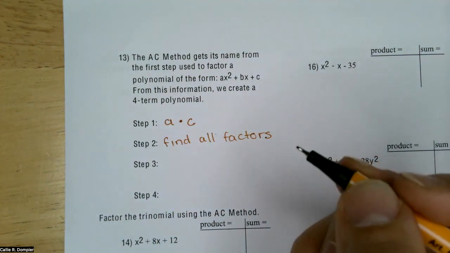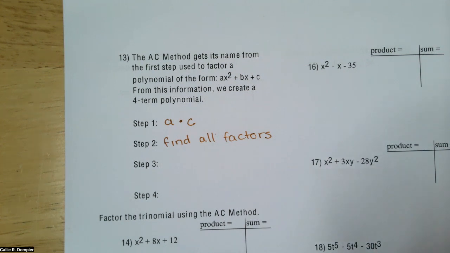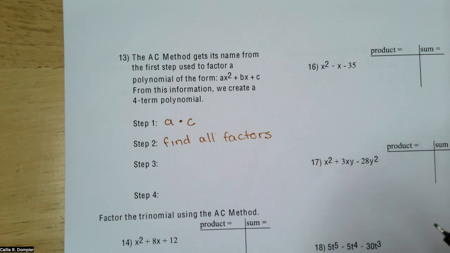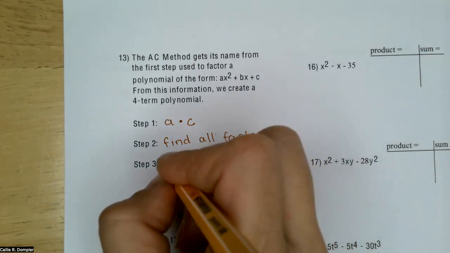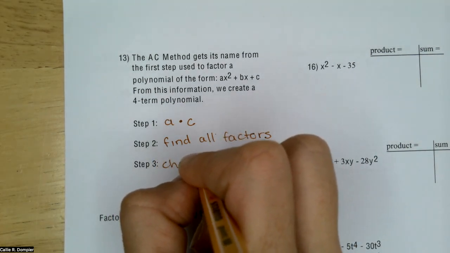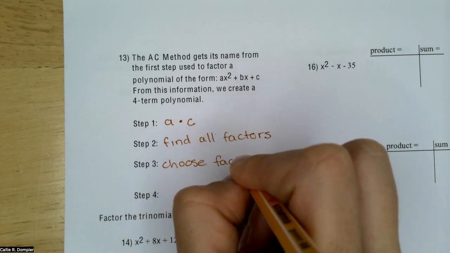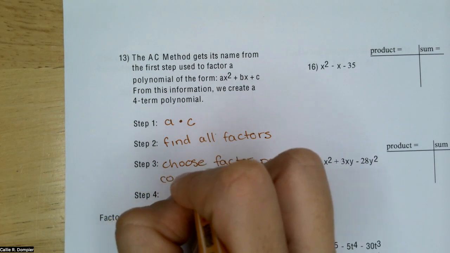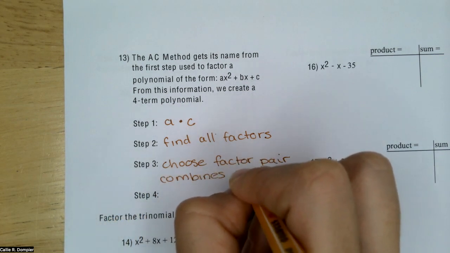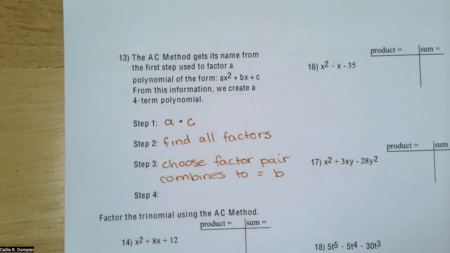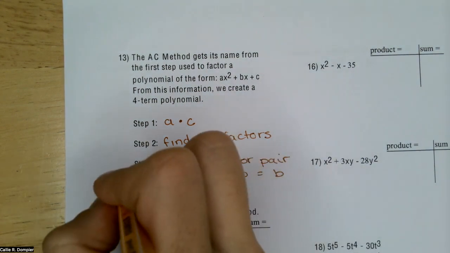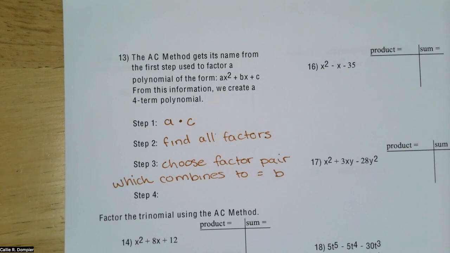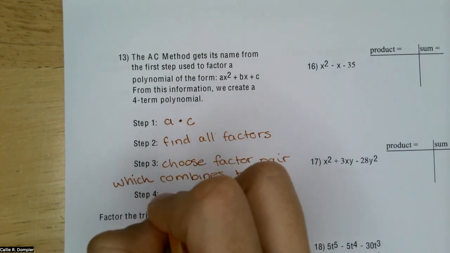If a times c is a positive number, add the factors to find the number b. If a times c is negative, subtract the factors to form the number b. So choose the factor pair that combines to equal b. And then factor by grouping.